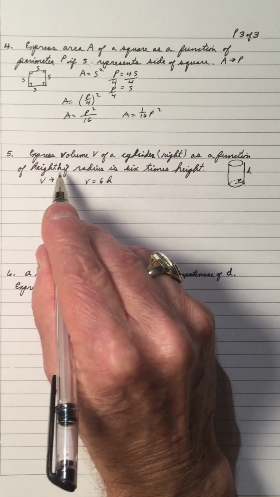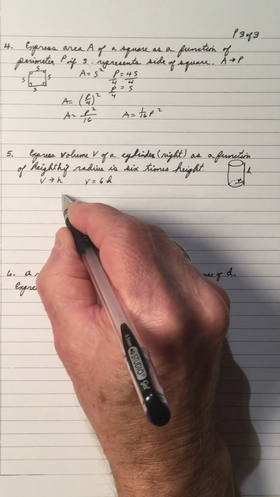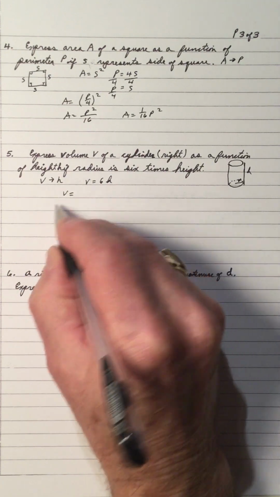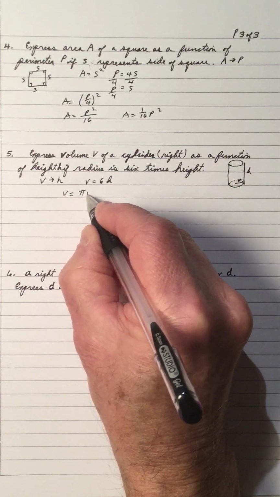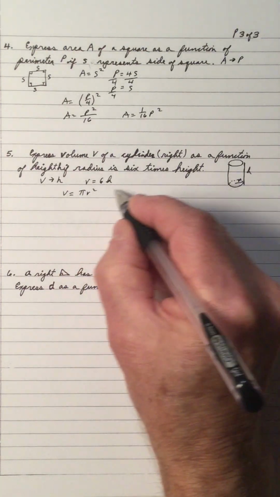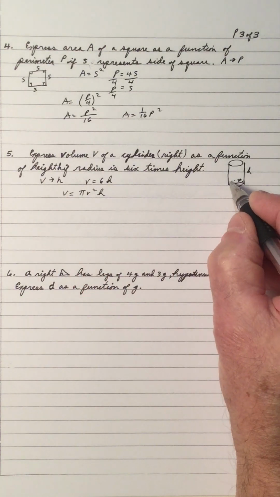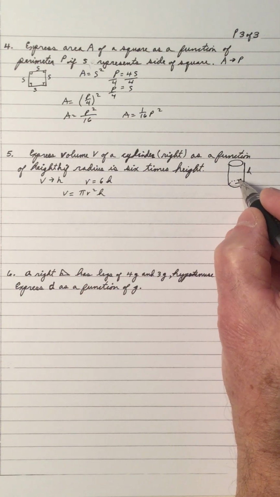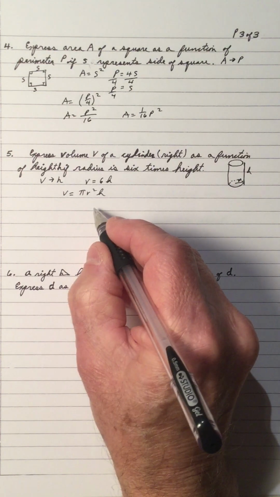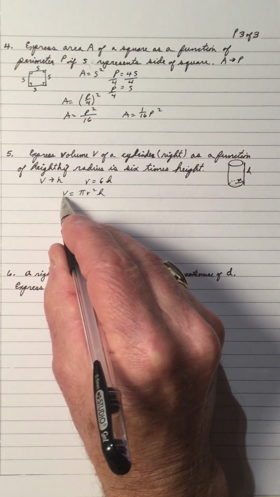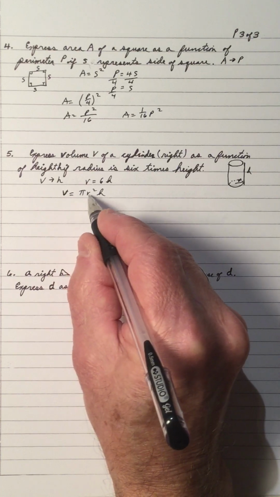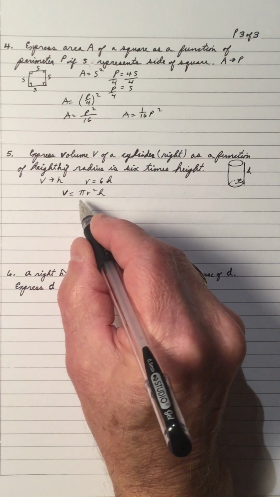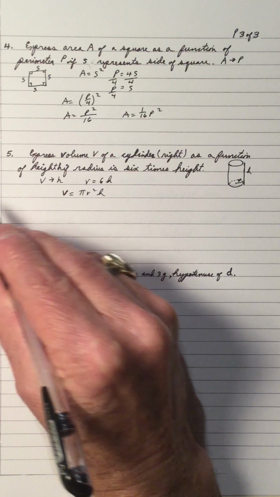The volume of a right cylinder is the base area, which is a circle, pi r squared, moving up through a height. Right now, the volume of a right cylinder is a function of r and h, but we only want it as a function of h.